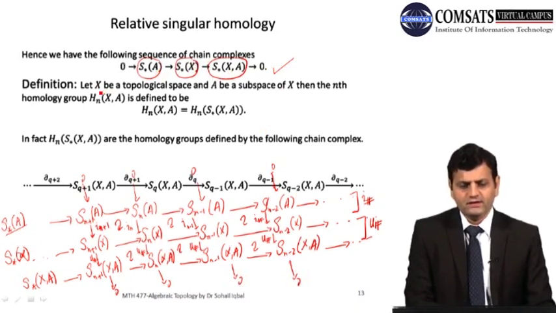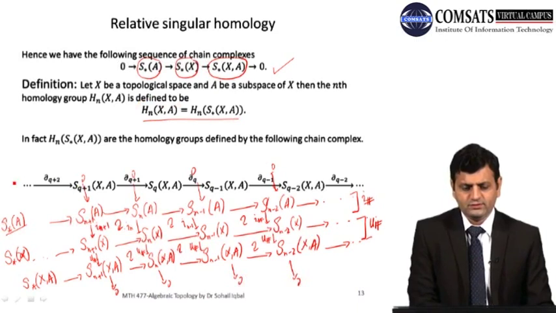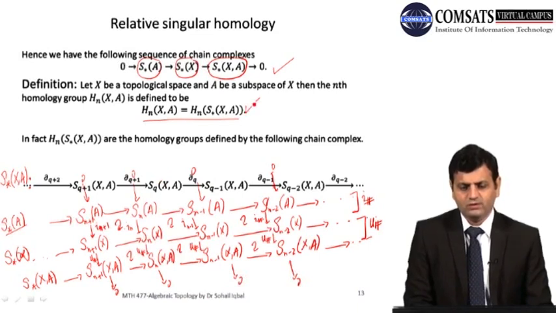Now let X be a topological space and A be a subspace of X, then the nth homology H_n(X,A) is defined to be this. Now remember that this singular chain complex is basically a chain complex. So whenever we are given a chain complex, then we know from our discussion of homological algebra that we can define these homologies.